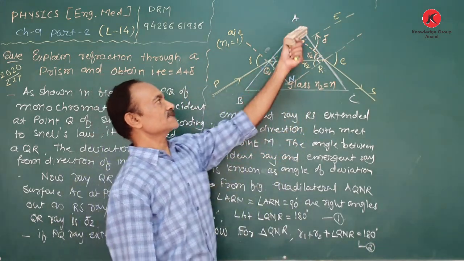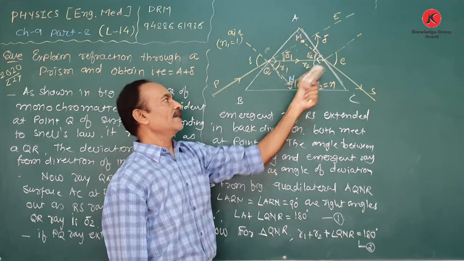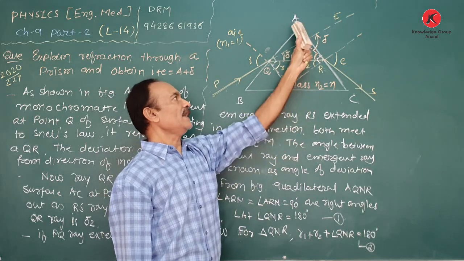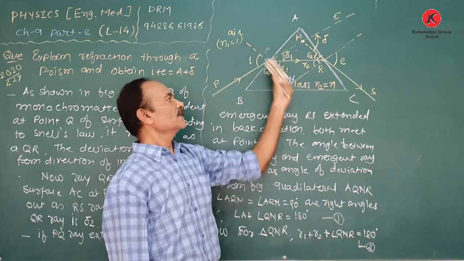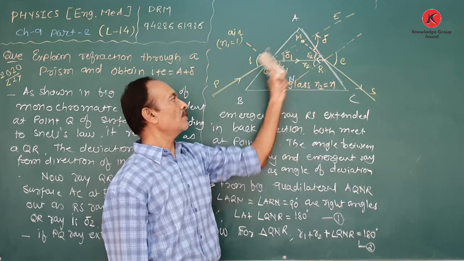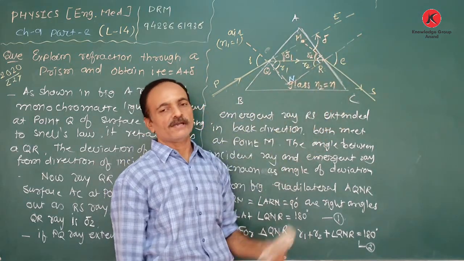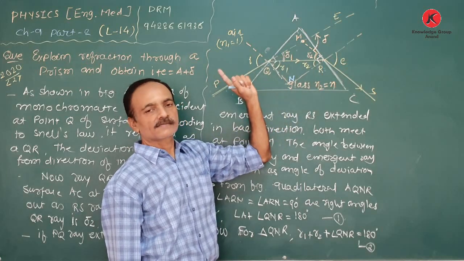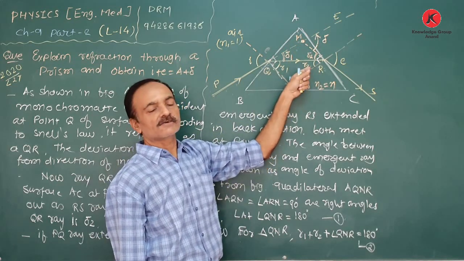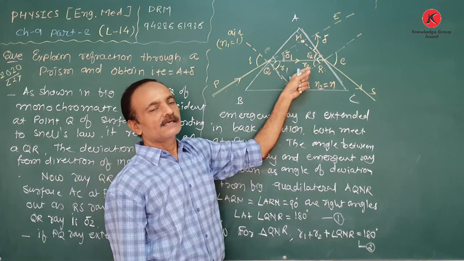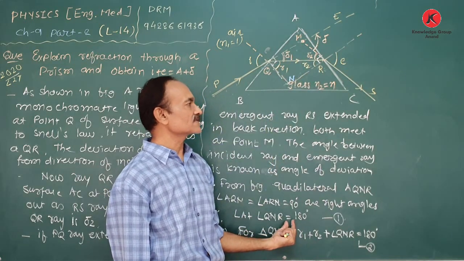Again, consider the quadrilateral AQNR. The angles AQN and ARN are 90 degrees because they are the normal at point Q on surface AB and the normal on surface AC at point R. 90 plus 90 is 180, plus A plus angle QNR is equal to 360 for a quadrilateral. Therefore, A plus angle QNR is equal to 180. That is our first equation.